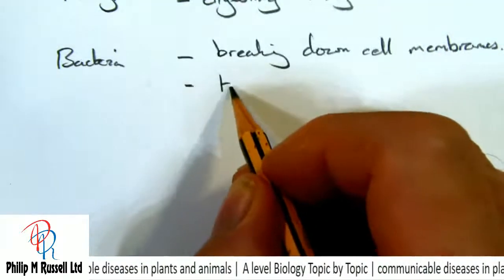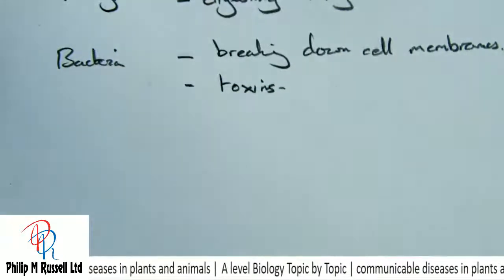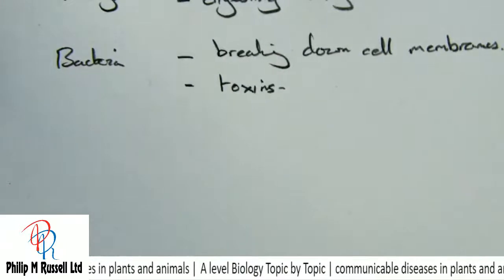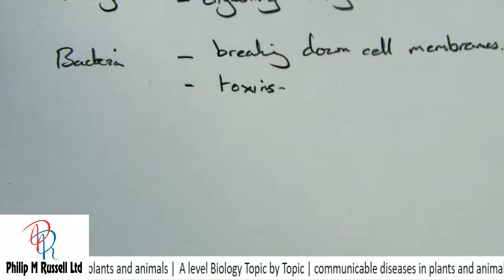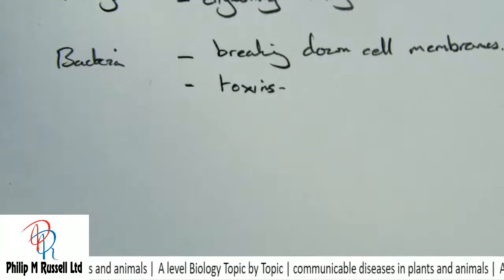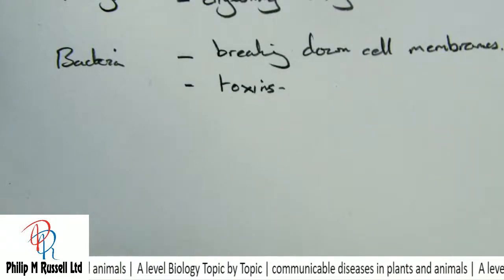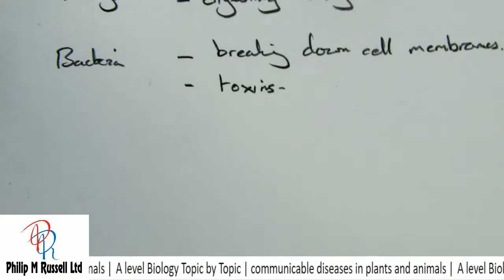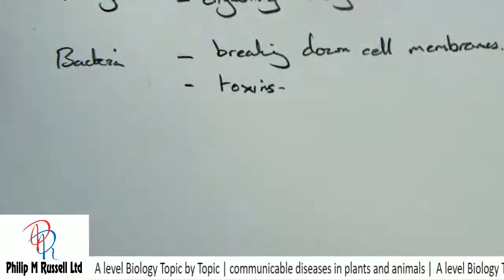But they tend to produce toxins in this breaking down of the membranes, and it's these toxins that seem to do the damage. Some damage enzymes, some inactivate enzymes, some interfere with the host cell's genetic material so that the cells can't divide, and these toxins are simply a byproduct.